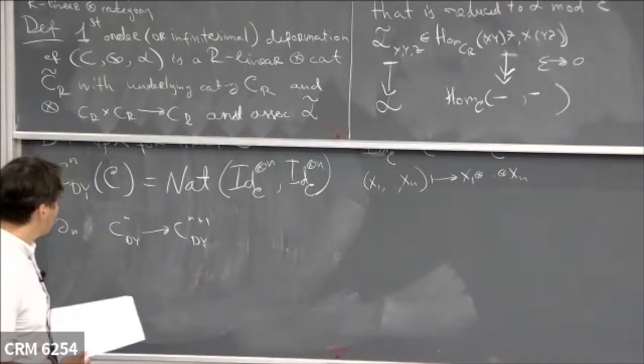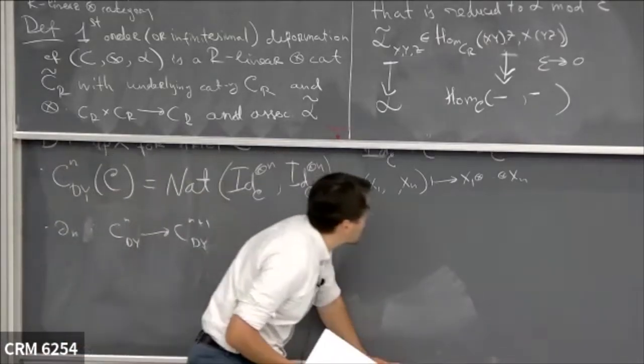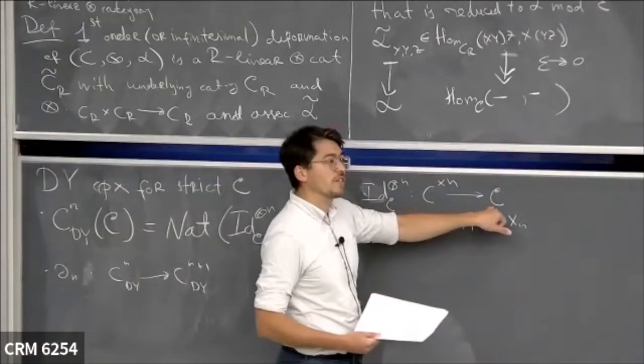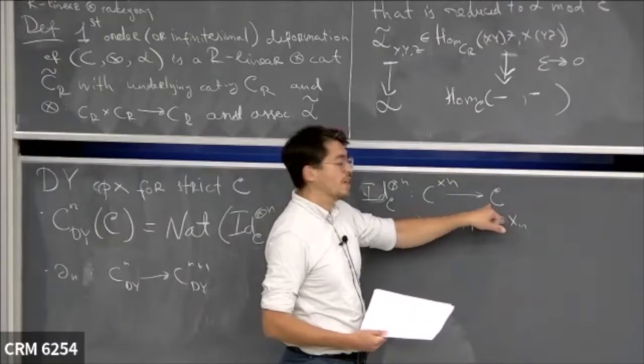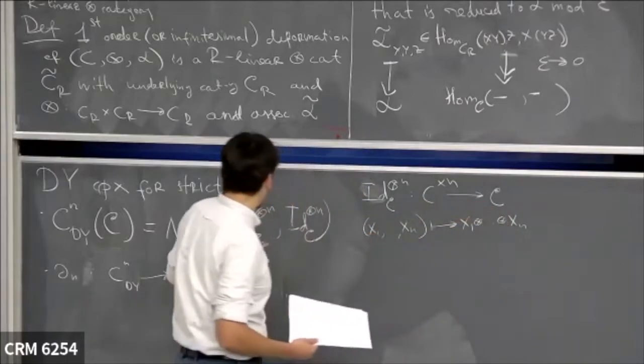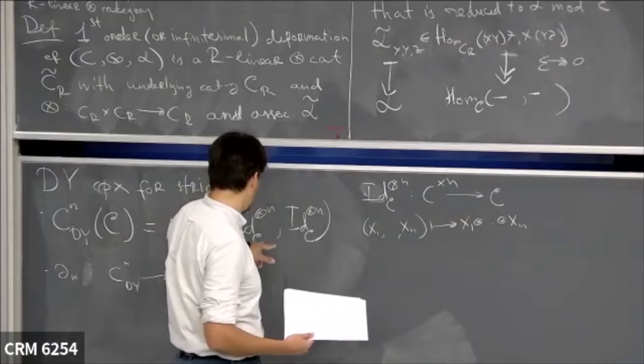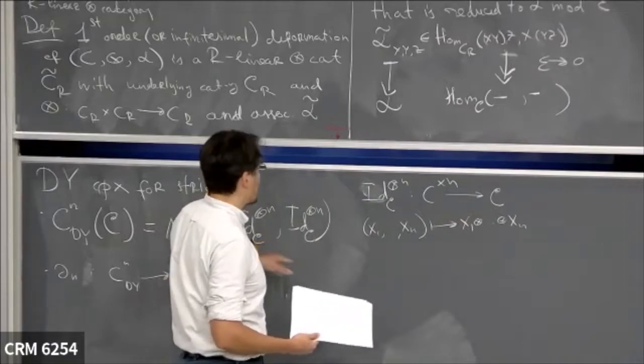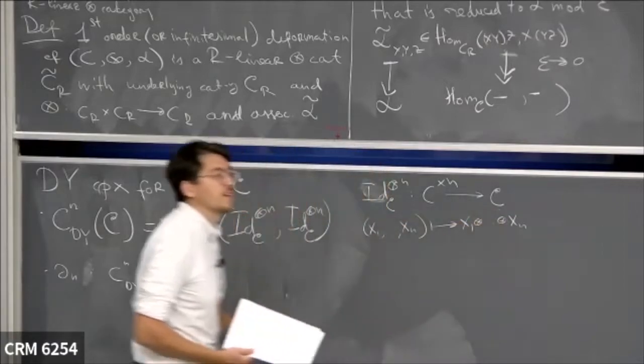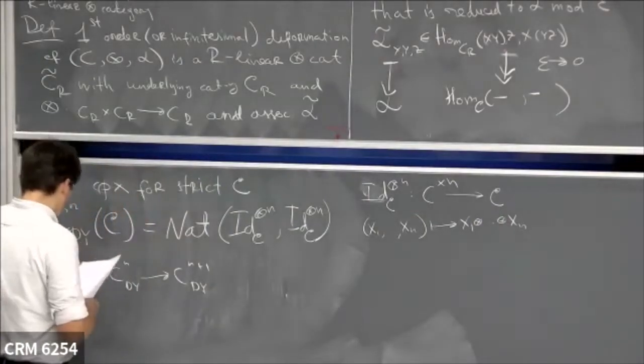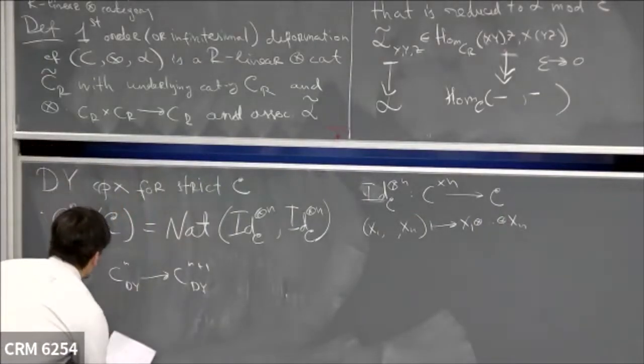But not linear, because the target of the functor is just C, right? Yes, of course. And so from Cn to Cn plus 1.